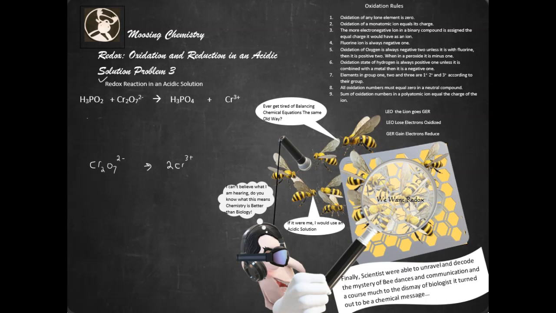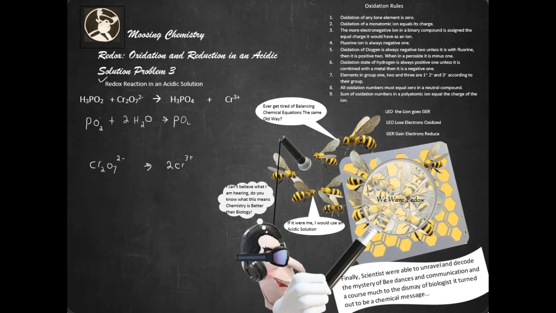So we go PO2 plus 2H2O yields PO4. Okay, so let's go ahead and clean that up a bit because that looks kind of weird.